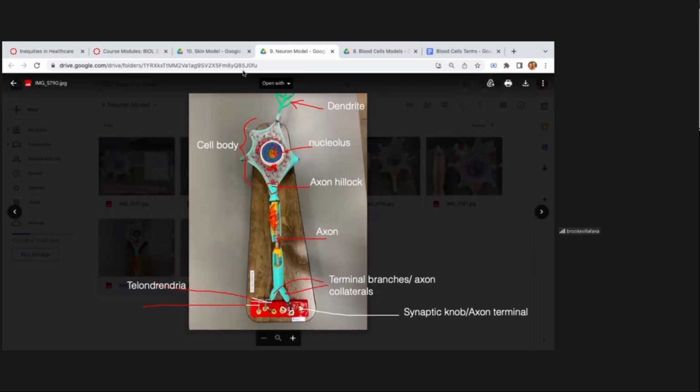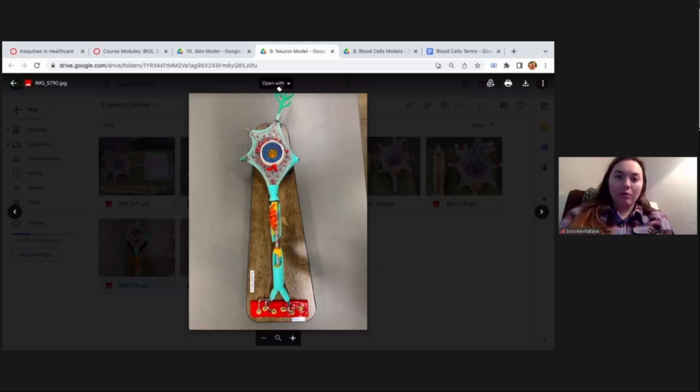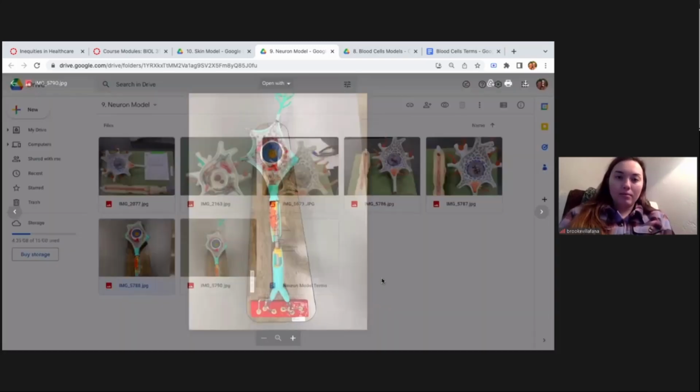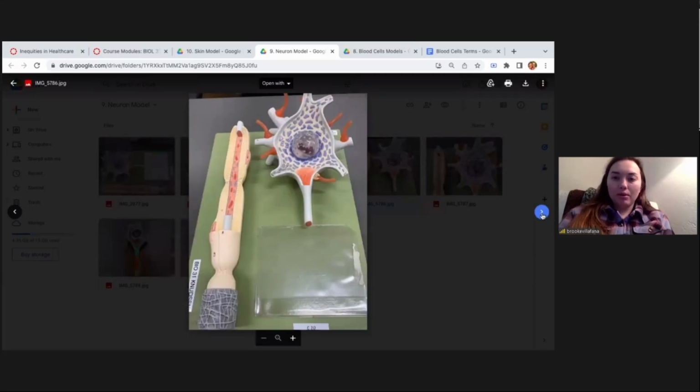Andrew, you shouldn't be tested on nodes of Ranvier for this test. That should be your Unit 3 exam, but if you have a list somewhere that's asking you to identify that, I'll just go ahead and label it for you. You shouldn't have to identify that this time around, but I'll label it for you.